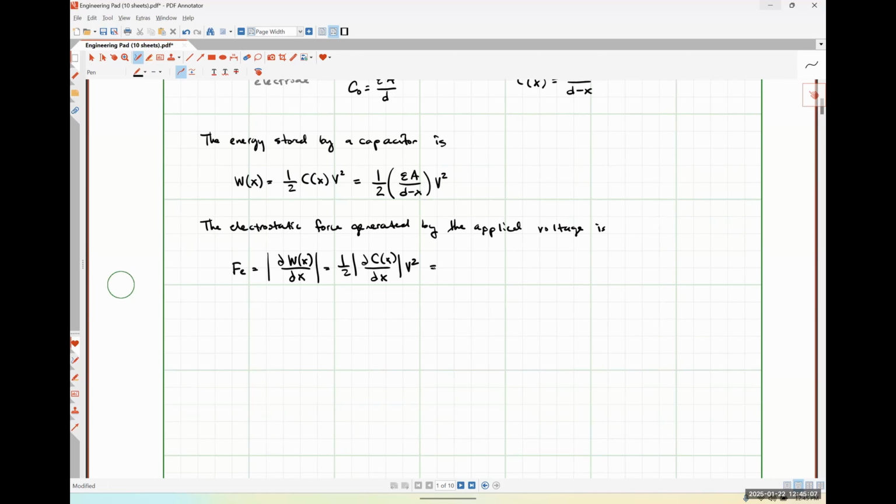And this is a fairly straightforward derivative to do. So it's just going to look like 1/2 epsilon A over D minus X quantity squared times V squared.